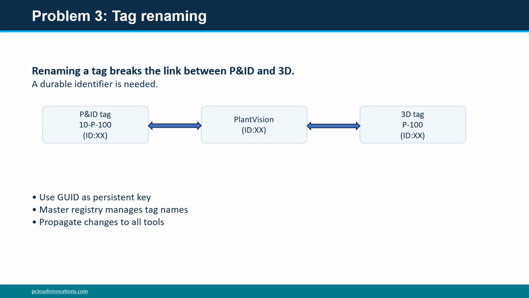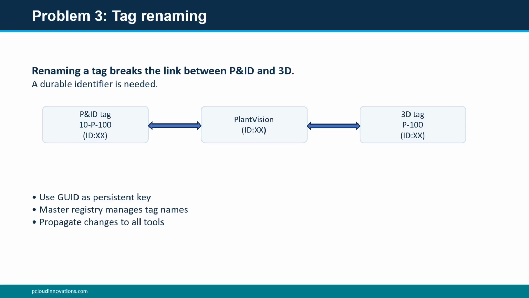Plant Vision uses a persisted ID that it embeds in all the data. So even if they rename a tag, we know how to highlight that as one of the discrepancies. And as we've already mentioned, we can either copy that between the two tools and push them back, or we can even allow them to be different, but still associate those as the same asset.